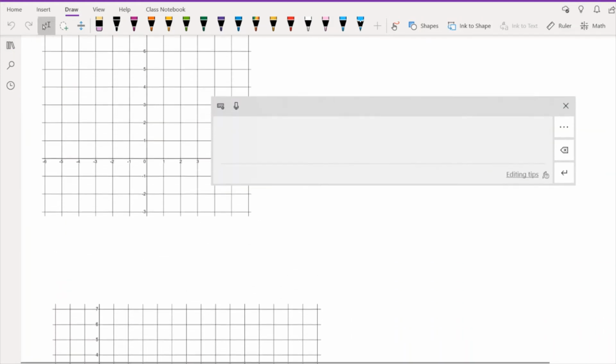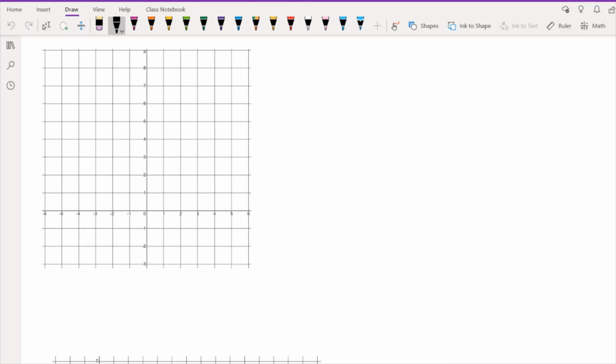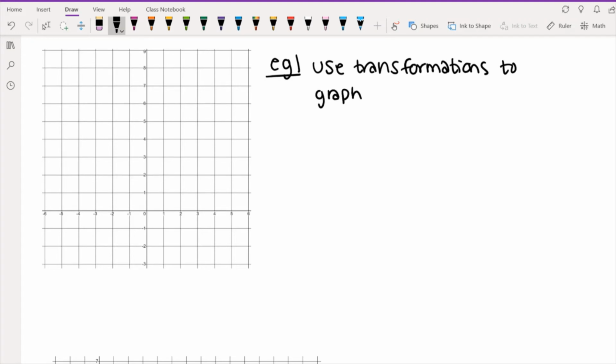All right, so first example I want to do, we are going to use transformations to graph g of x is equal to 1/3 times the absolute value of x.